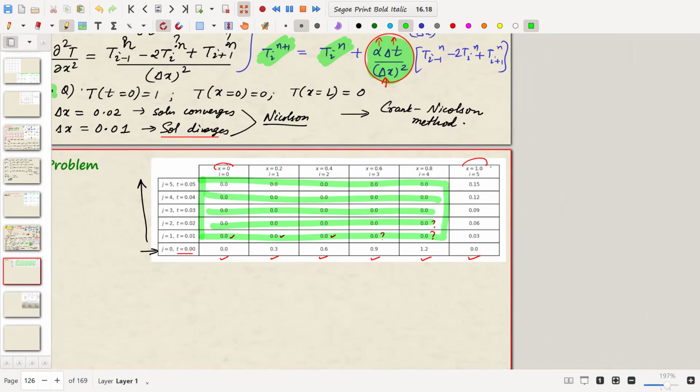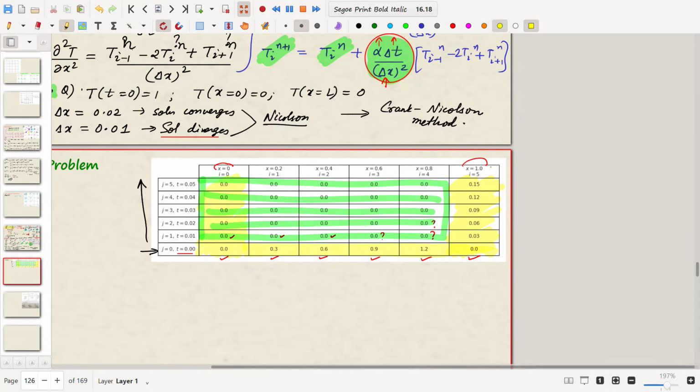These values are given to you. The yellow things you see are given to you. You have to find these green things. Ignore the left one, but yes, you have to find the green things. That is unknown, so you have to use the forward time central scheme to solve this.